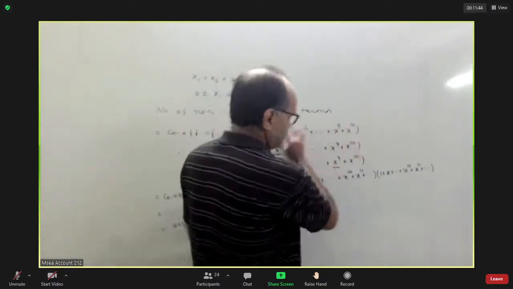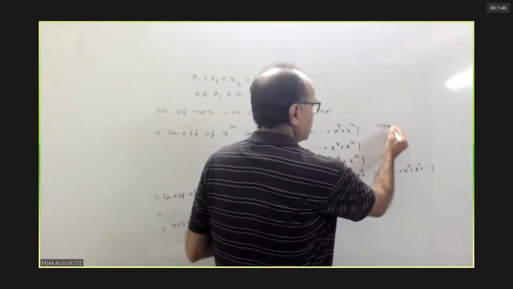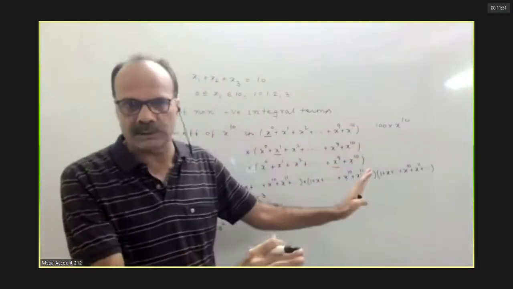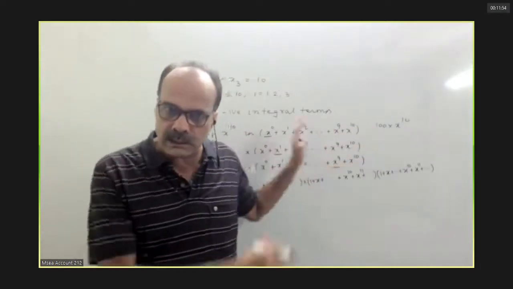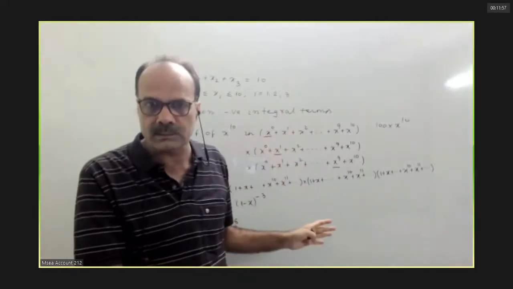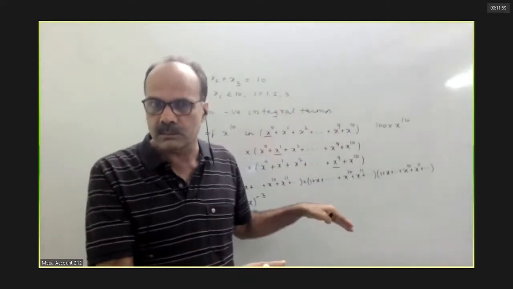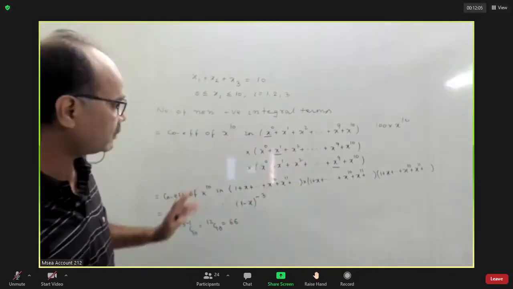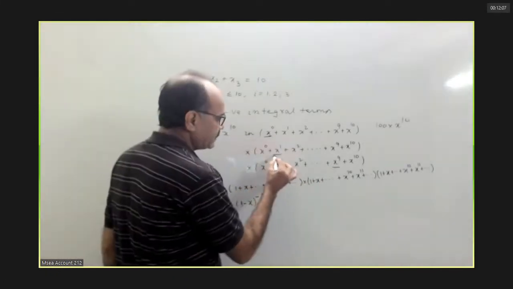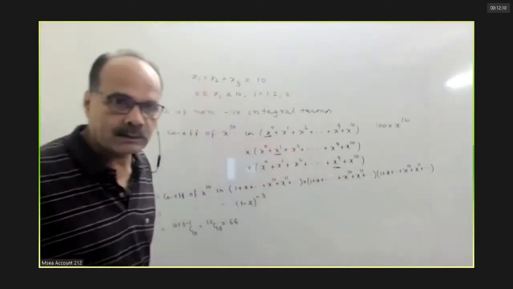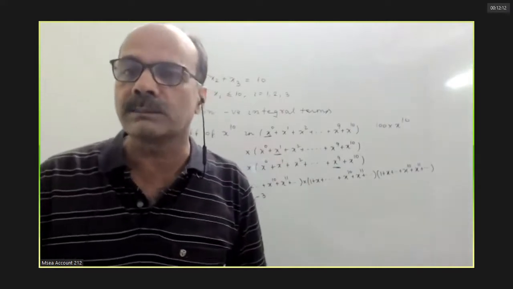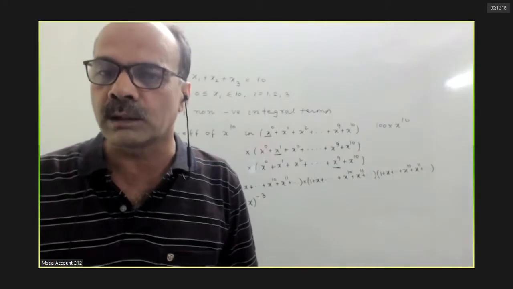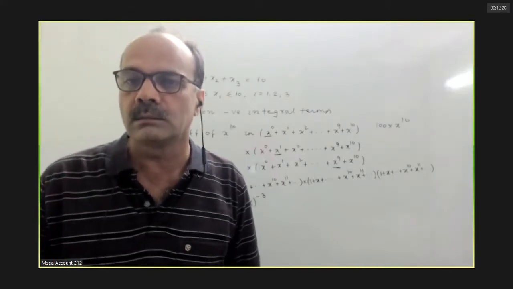So what is the meaning? Suppose in the product we are getting 100 into x to the power 10 after multiplying. Other terms will be there. It means x to the power 10 has appeared how many times? 100 times. Corresponding to each x to the power 10 there is a solution, as I told you: if you multiply this term, this term, this term, you get x to the power 10, and the solution is x1 = 0, x2 = 1, x3 = 9.